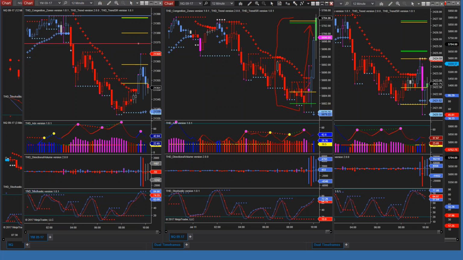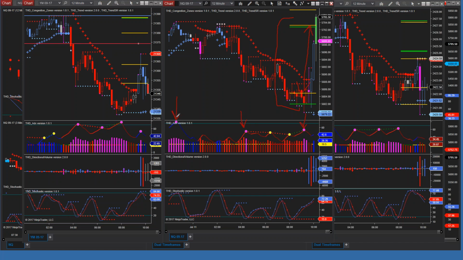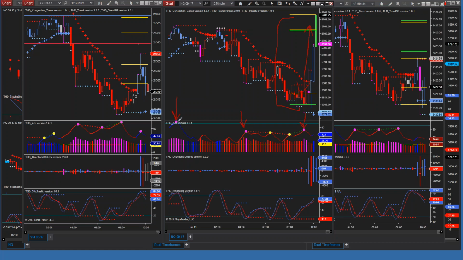Now, on the ADX, anytime we have these magenta peaks, that is telling me it's going back to the ATR. So we have one here, we have one here, and we have one here. Now, I have this set to a 12-minute chart. But imagine if you had these on the 180s or the 45s or the dailies.